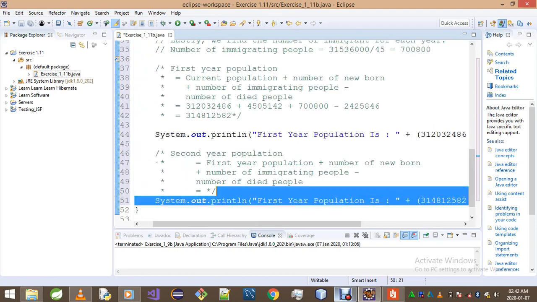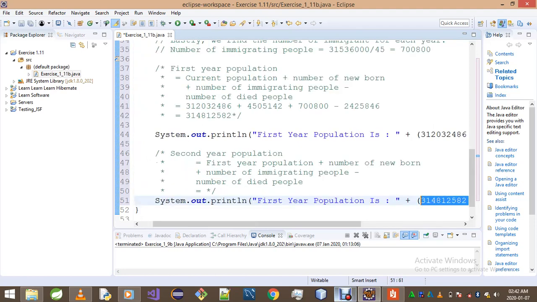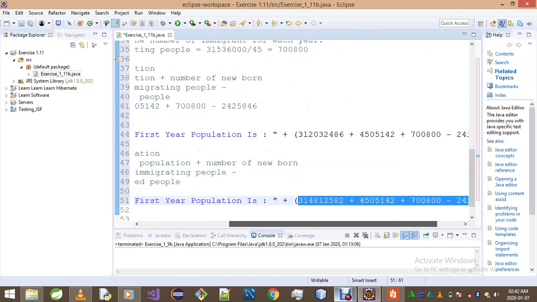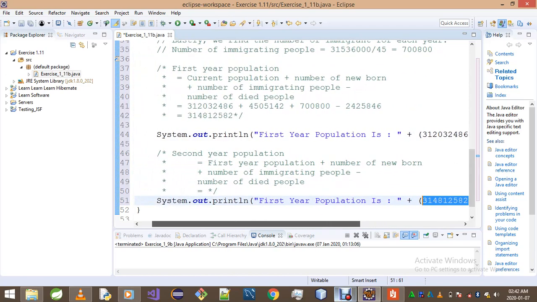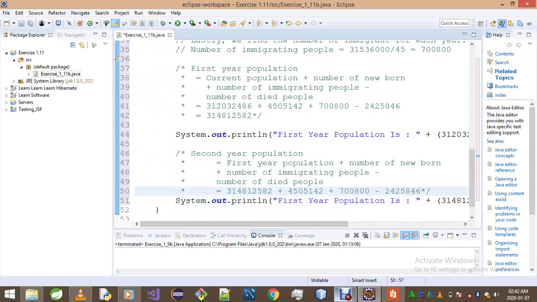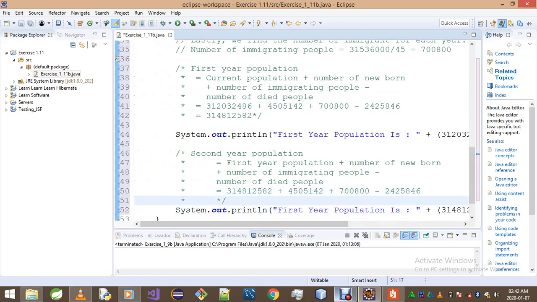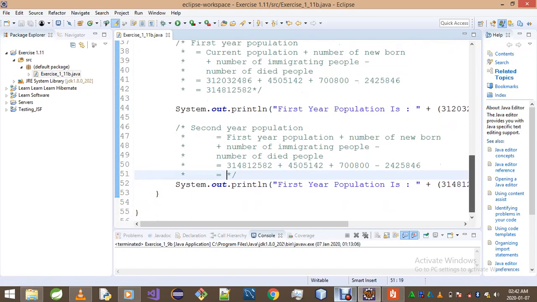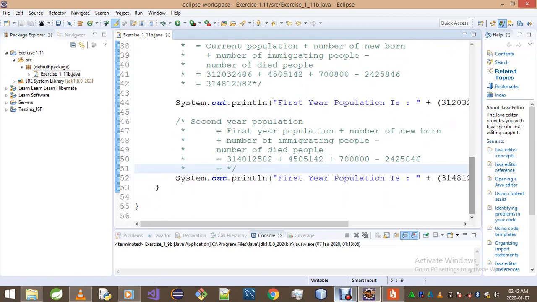Well, the reason I'm doing it this way is that I used a calculator and wrote down these numbers and their final outputs, so it's easier for me. I didn't want to go back and forth from a calculator application to this IDE.